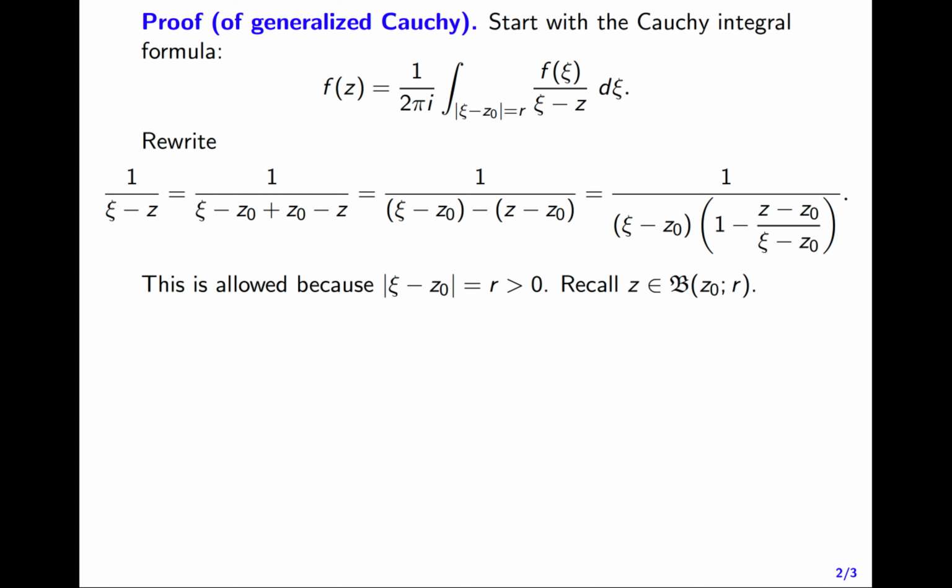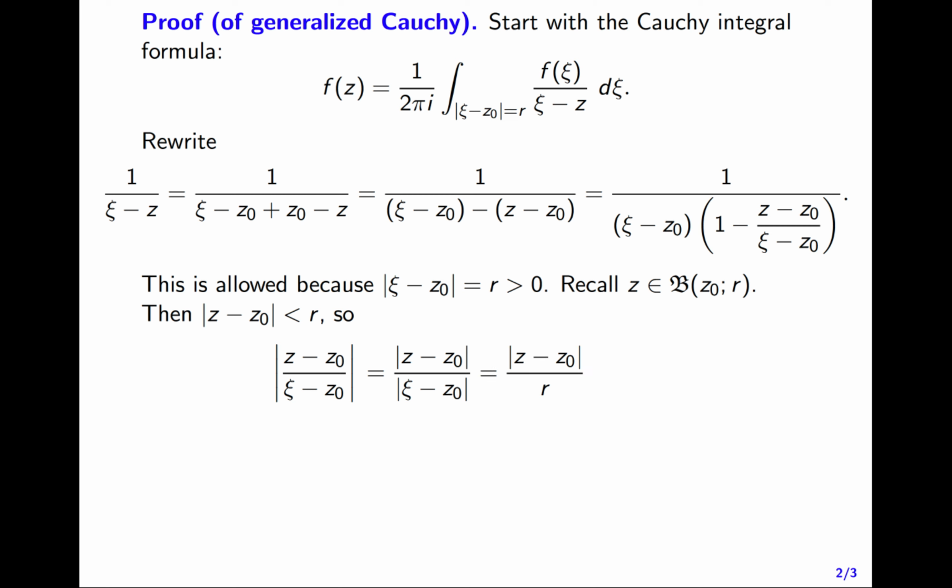At the same time, I'm also taking z inside the ball of radius r centered at z0. So what does that mean? The modulus of z minus z0 is less than r. And then this tells me that the modulus of the fraction (z minus z0) divided by (ζ minus z0) is just the modulus of the numerator divided by the modulus of the denominator.